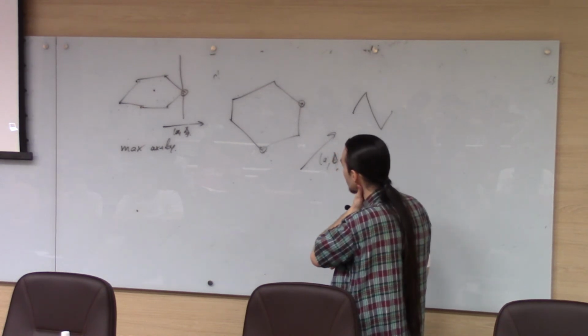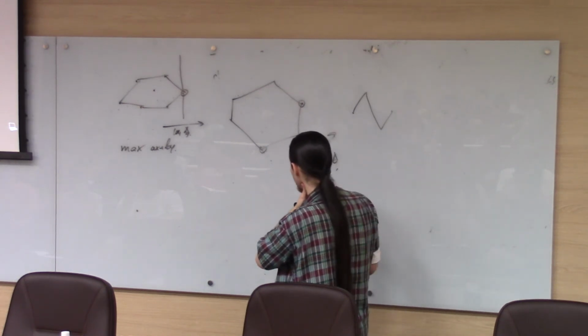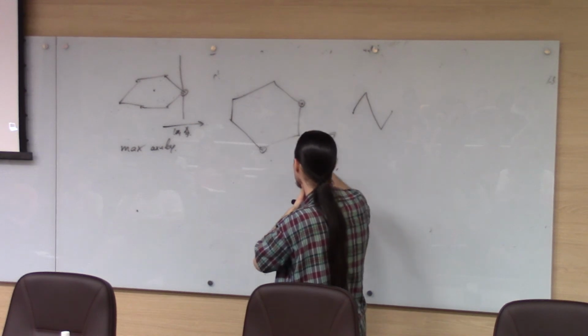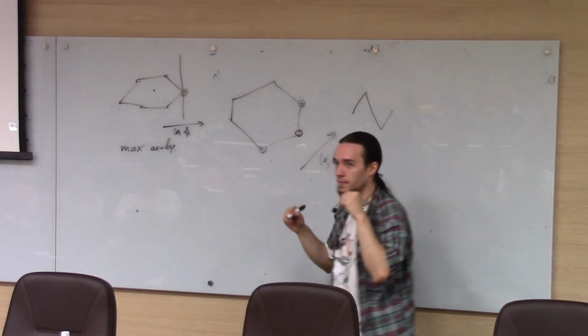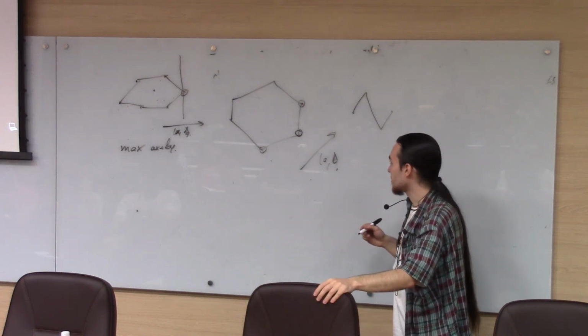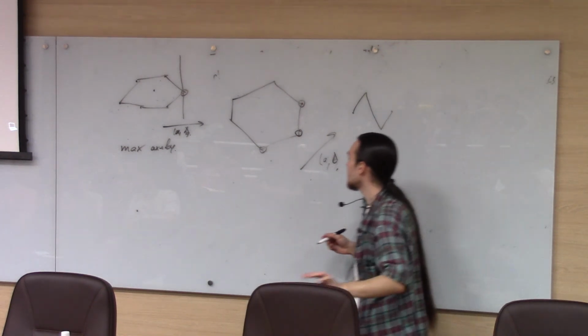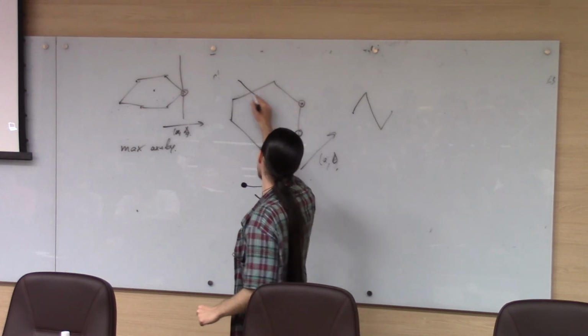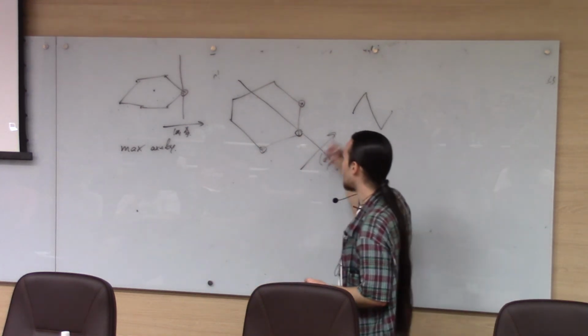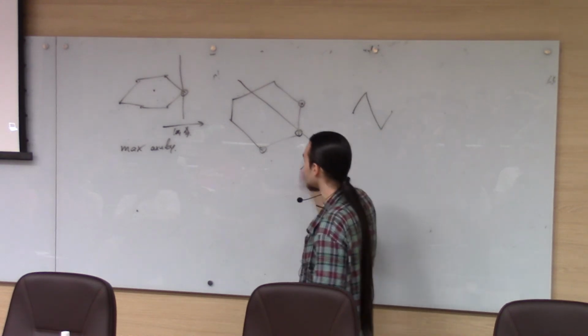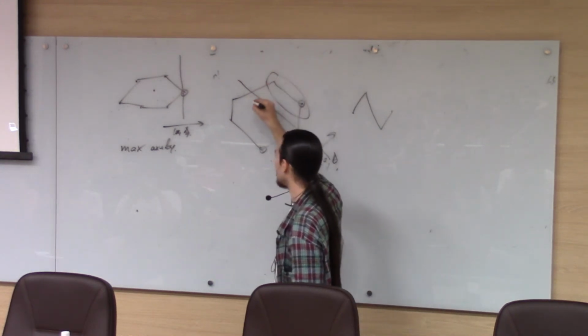So let's see. For example, one approach is to choose a certain point, and then let's assume that we cut the polygon with a line orthogonal to our vector. So that splits our polygon into two ranges, right?